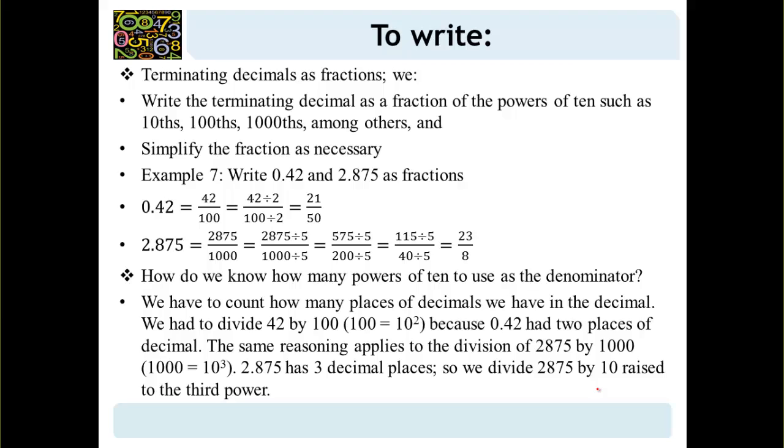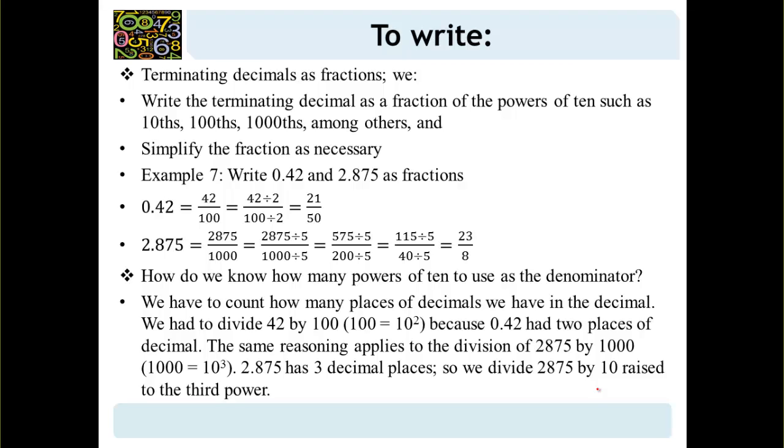Okay, how do we write terminating decimals as fractions? Now look at the way we do this. Remember, terminating decimals stop after some decimal places.